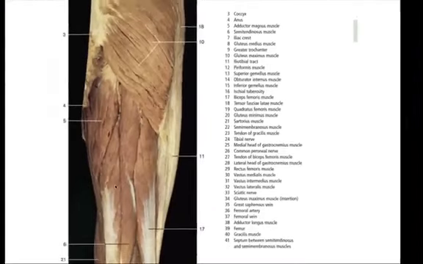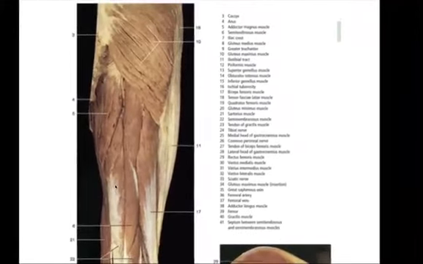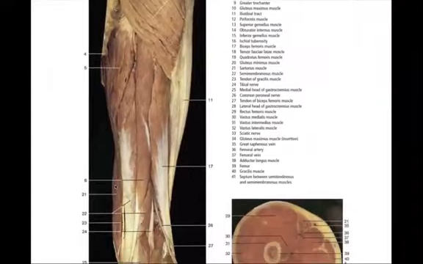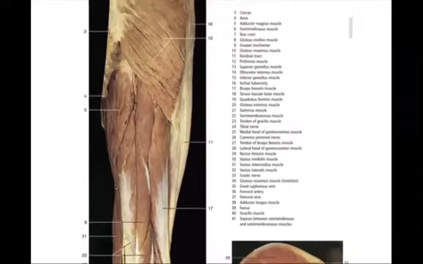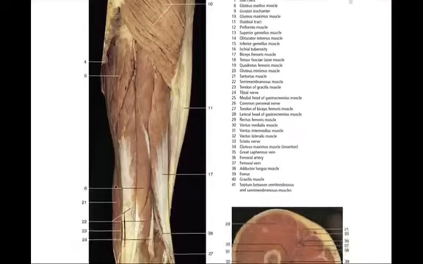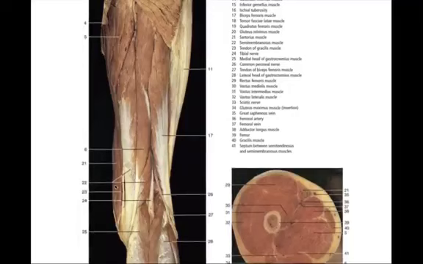Here you need to identify the hamstring muscles. Okay. This is again very easy. About the larger one, you can see this is the gluteus maximus muscle. Okay. In the hamstrings, what you need to identify.